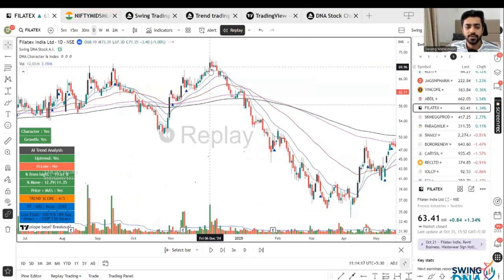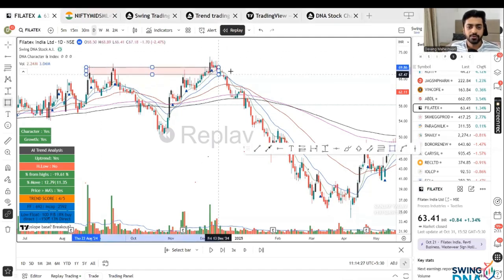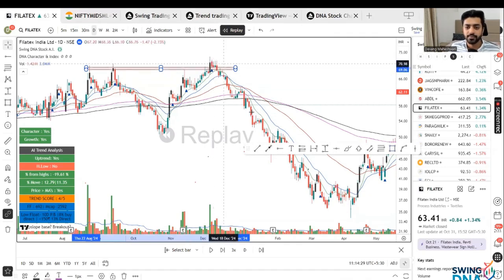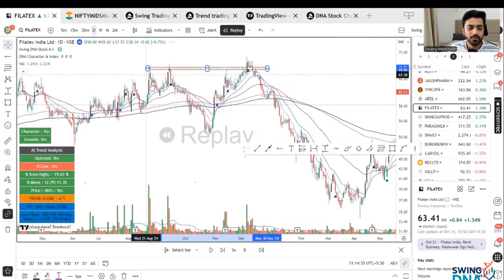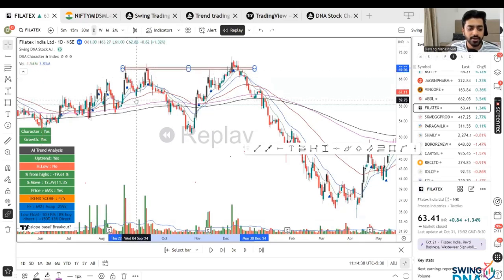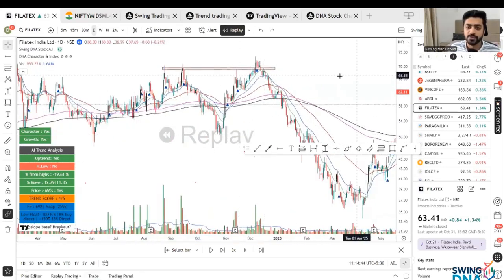Here momentum came, it was a breakout also up here, but then it completely rolled over. So it doesn't mean that if two momentum candles are coming, it will progress. For that, we need some further confirmation, which is follow through day.